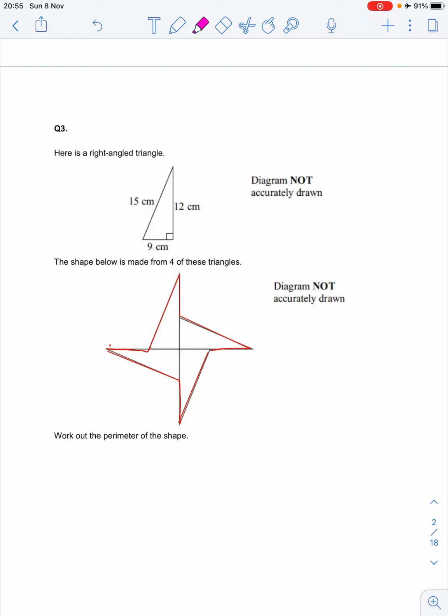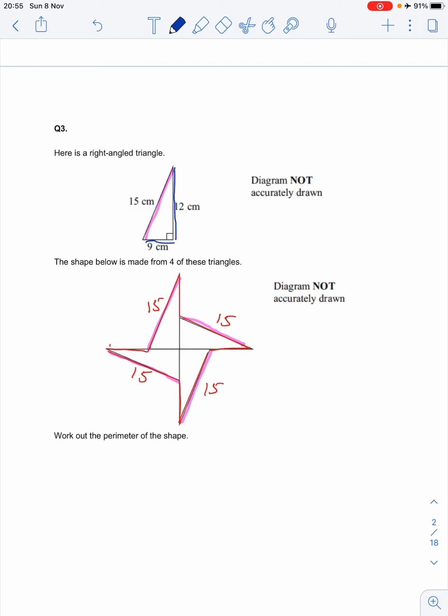So we know this length here is 15. So this is 15, this is 15, this is 15, and this is 15. Then we try to find this length here. This length is this part here, so it needs to add up to 12.